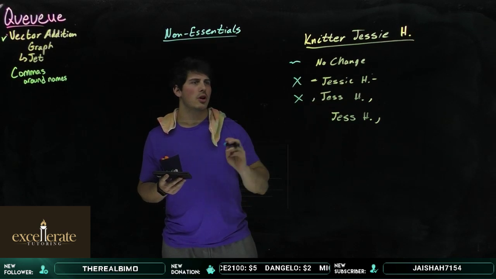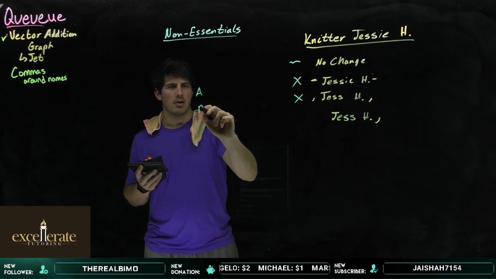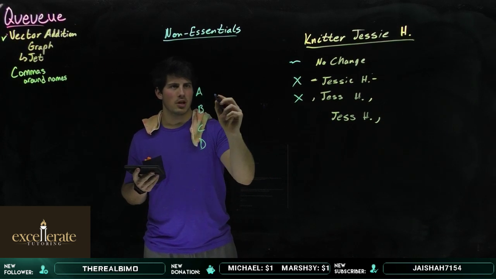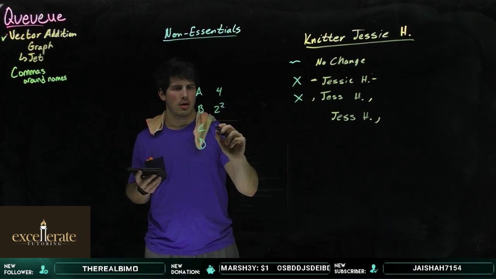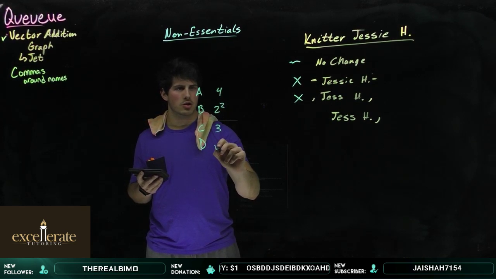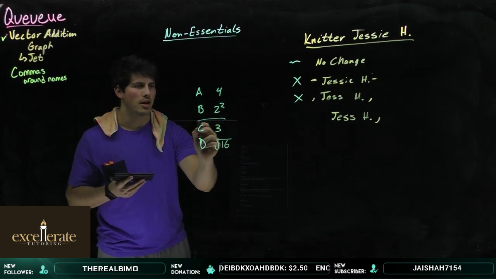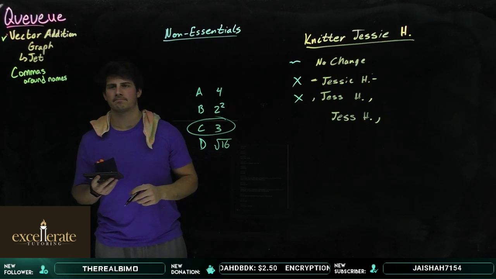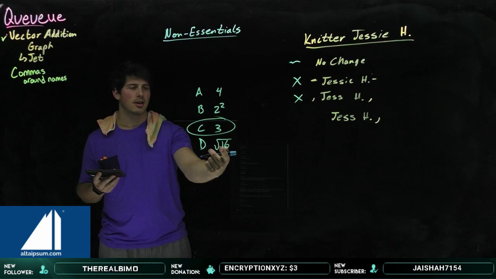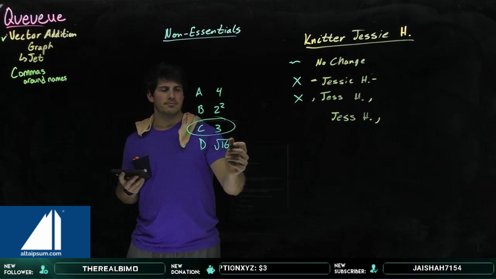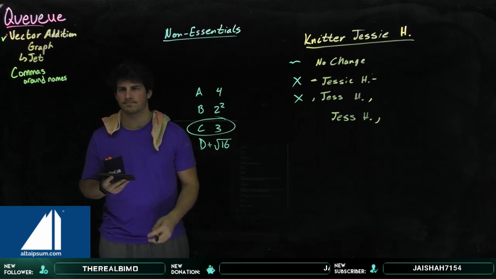If you saw a math problem and you had A, B, C, and D, and you had the answers being 4, 2 squared, 3, and the square root of 16, your answer is C. I don't care what the question is. It's 4, 4, and 4. Right? Although I guess technically this could be a negative, but we'll say positive square root of 16.